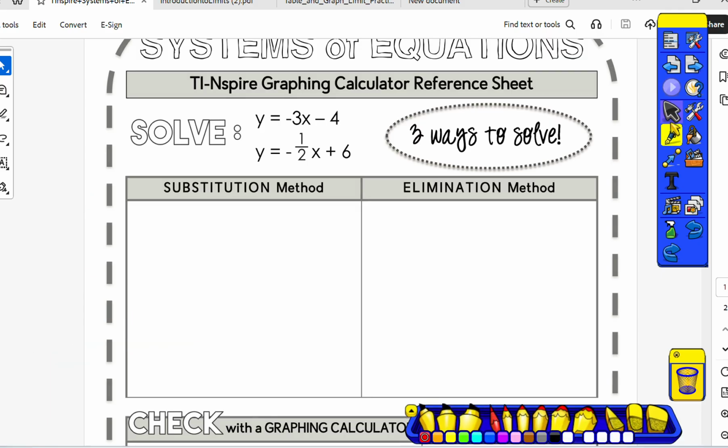Okay, so substitution method, that is where we plug one function into the other. So I already know what y equals. I can take this equation and plug it in for y. And then we just have an equation that we can solve for x.